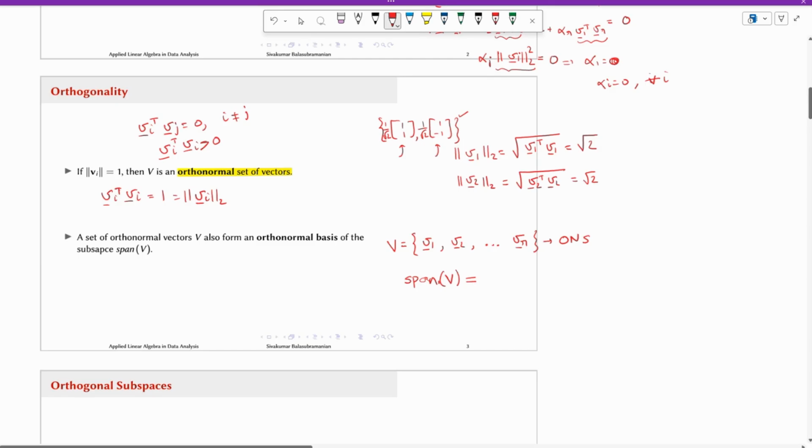Does the span of a set of vectors form a subspace, let's say the individual vectors are from Rn? Does the span of the set of vectors V form a subspace of Rn? Yes, it will form a subspace. I'm going to call it SV.